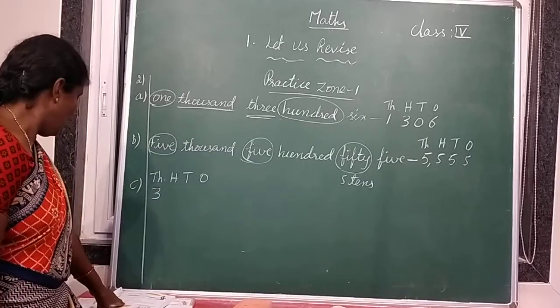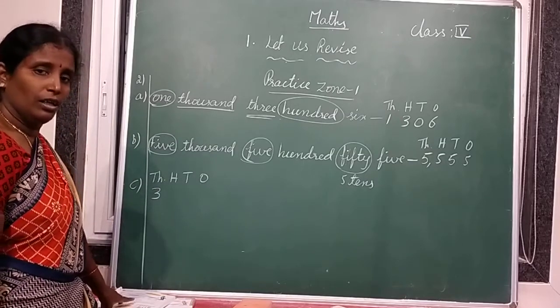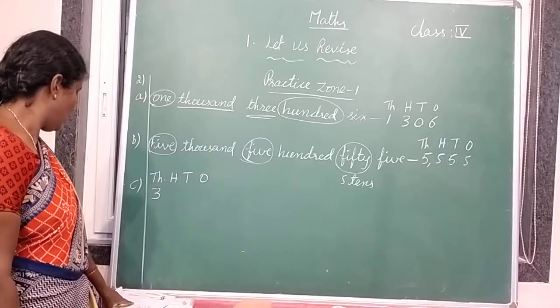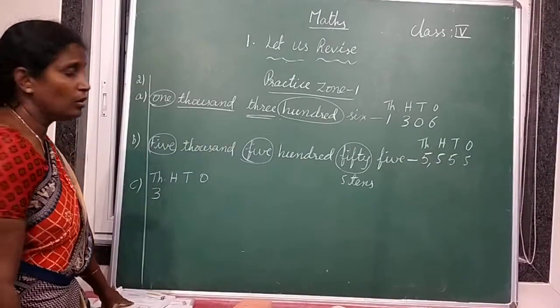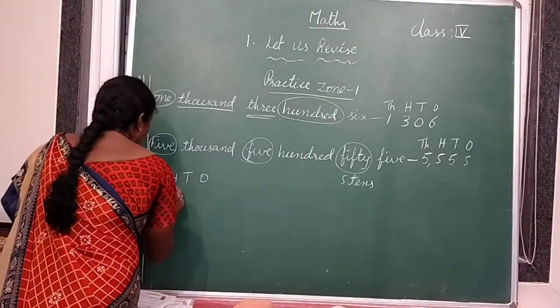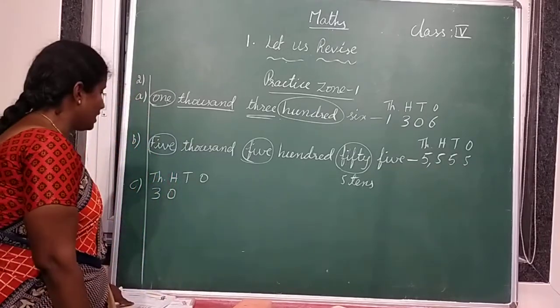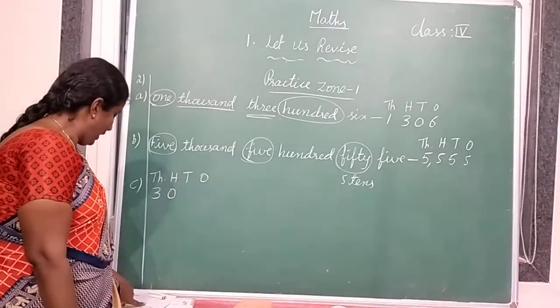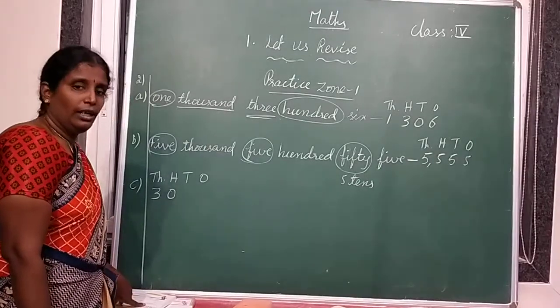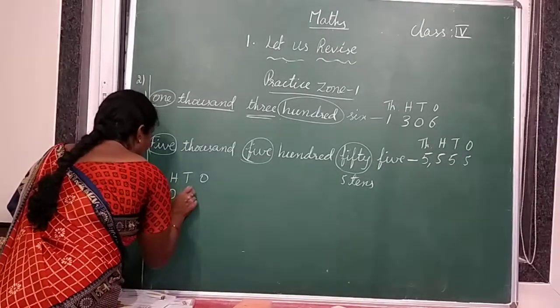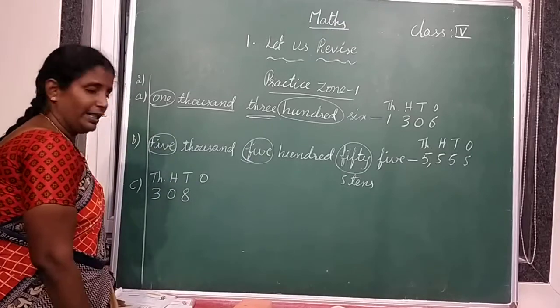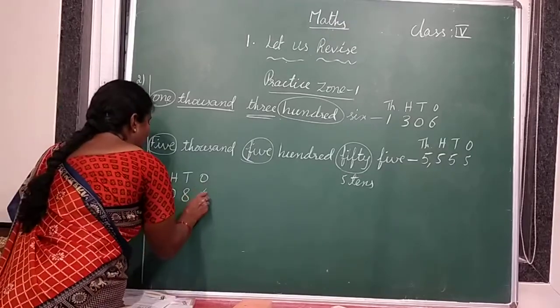Next, how many hundreds are there? No hundreds. So what should we write? 0 in hundreds place. How many tens are there? 80 is nothing but 8 tens. So 8 in tens place and 6 in ones place.